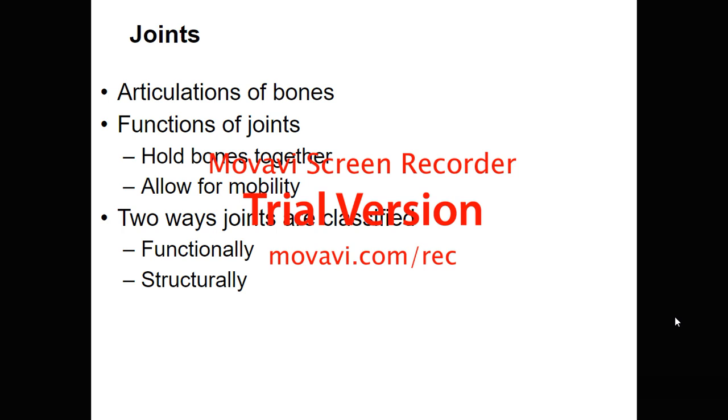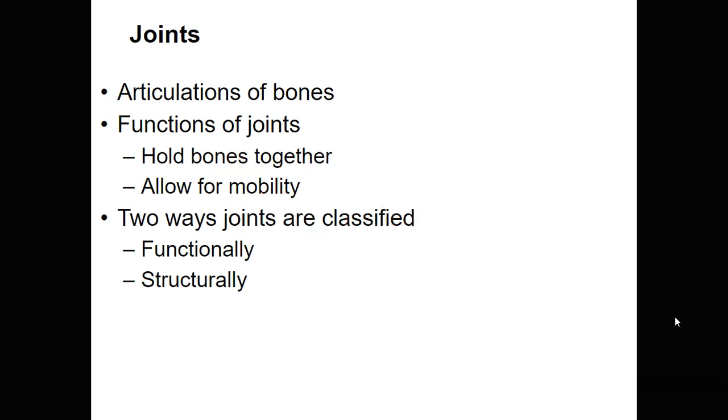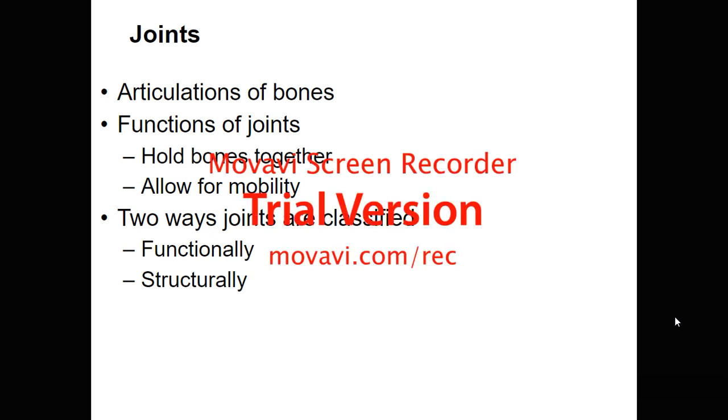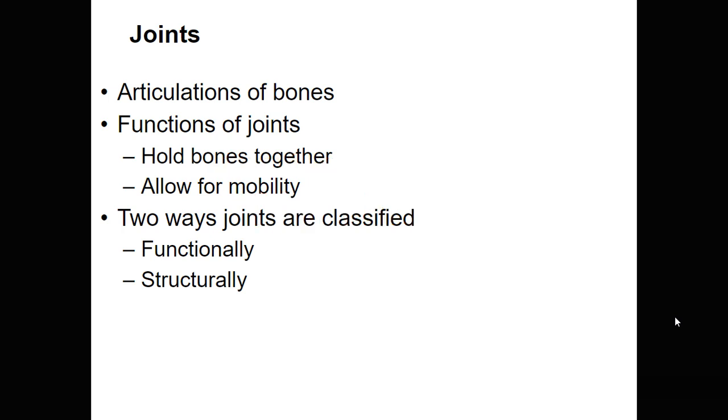There are two ways that we classify joints. You can classify joints based on their function, and that essentially means the amount of movement allowed at the joint. You can also classify joints based on their structure, and essentially, the structure is going to be the material that holds the bones together at the joints.